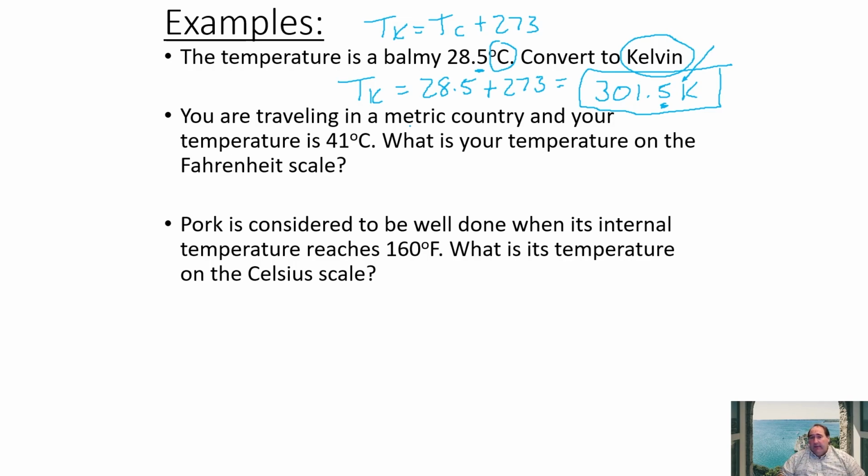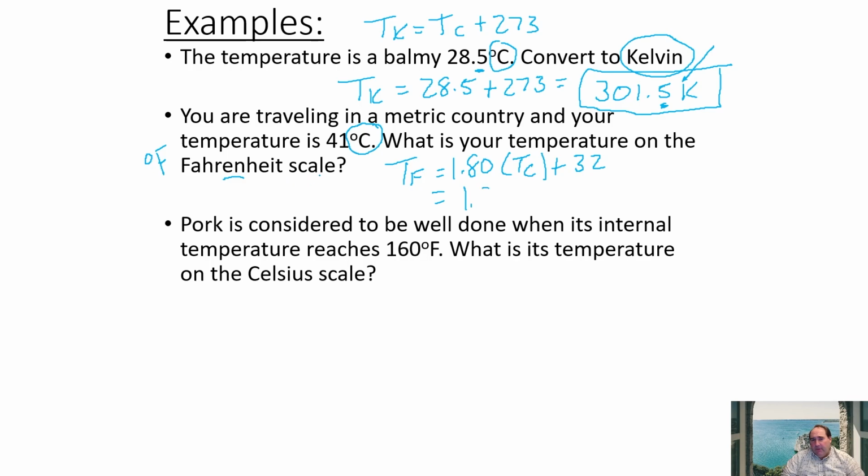Looking at the second one here, we have, again, degrees Celsius given to us. And in this case, we want to get to degrees Fahrenheit. So our temperature in Fahrenheit is equal to 1.8 times our temperature in Celsius, plus a 32 here.